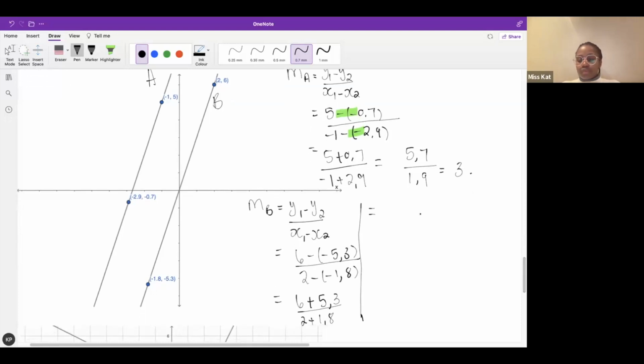Then when we add the y values, we get 11.3 divided by 3.8. And when you divide them, what do you get?